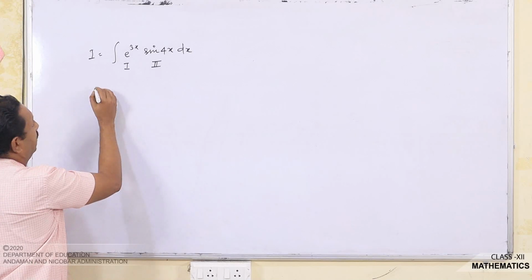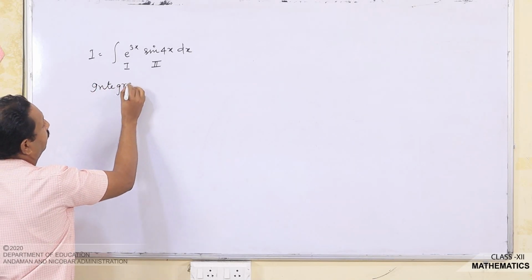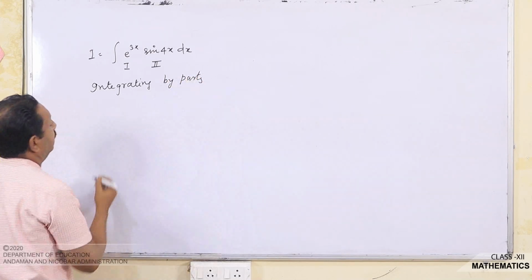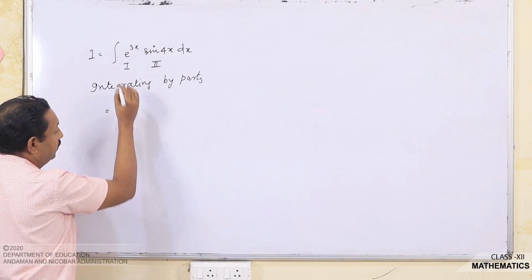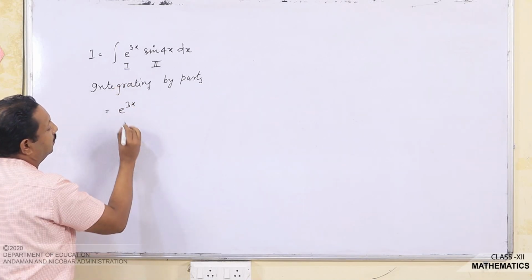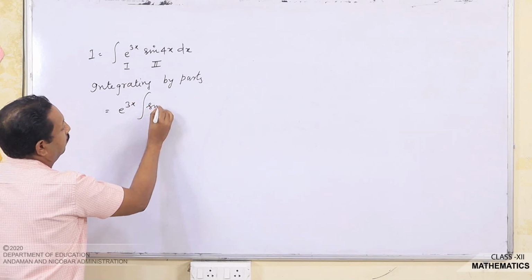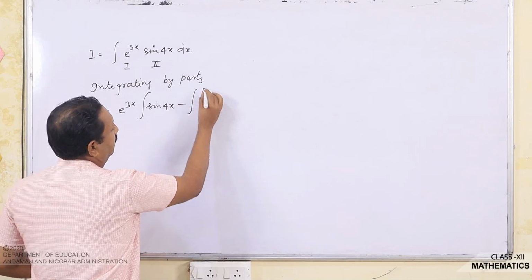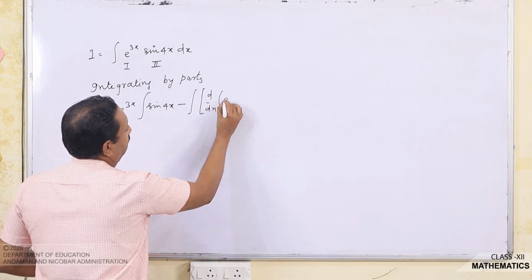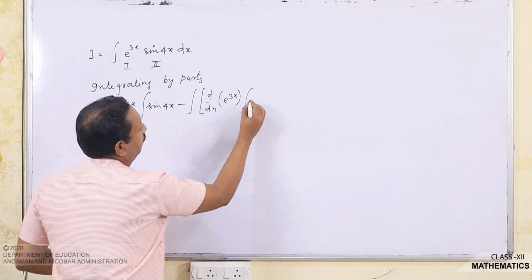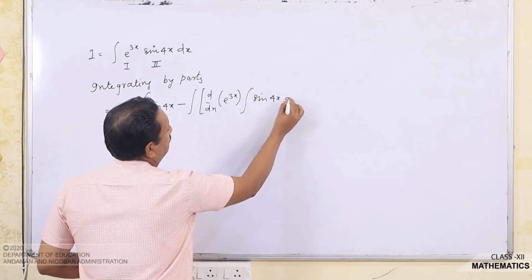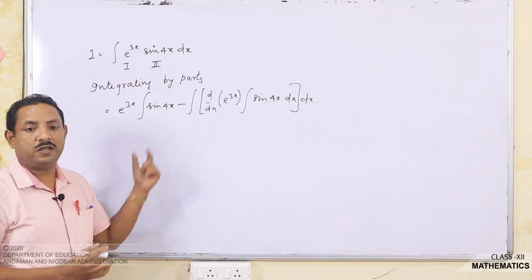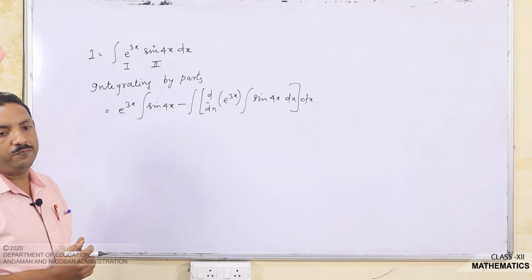Now integrating by parts, we have first function, that is e power 3x, integration of second, that is sin of 4x, minus integration of derivative of e power 3x and integration of sin 4x dx, and here I put dx. So I have arranged as per the rule of integration by parts.